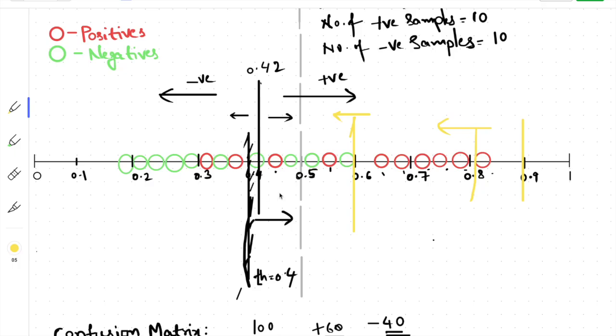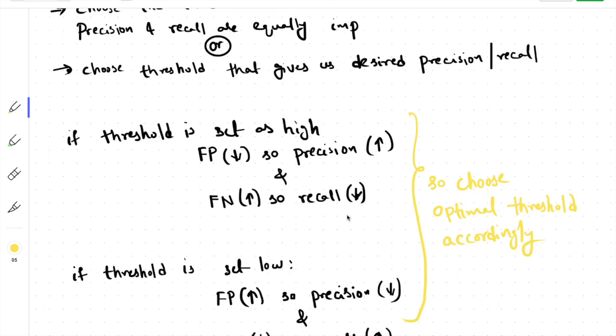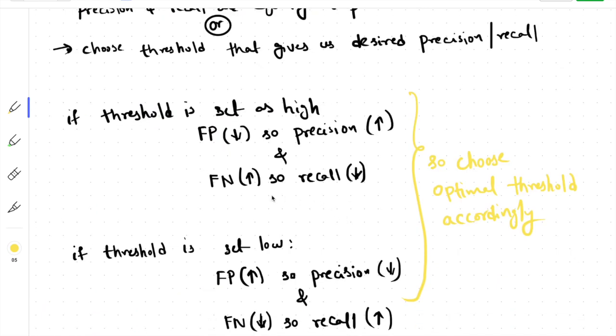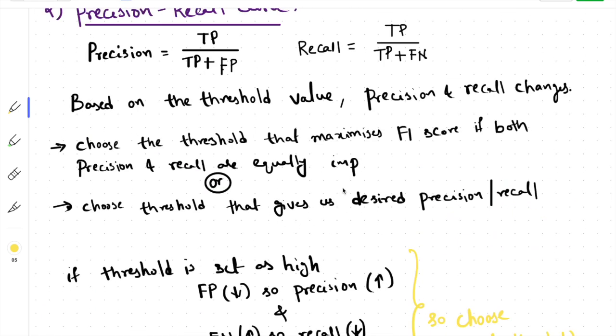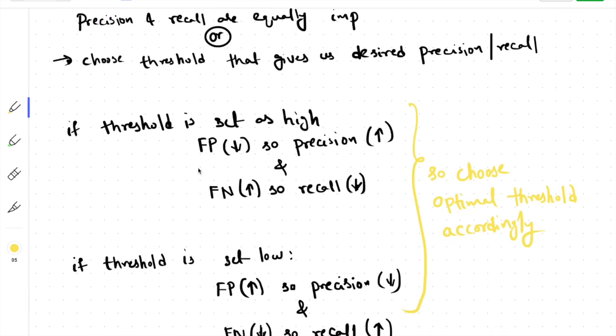That means they are false negatives. So their count would increase. If the false negative count increases, then this value rises, and if the denominator increases, then the recall drops. So if the threshold is set high, then precision rises, but the recall drops.